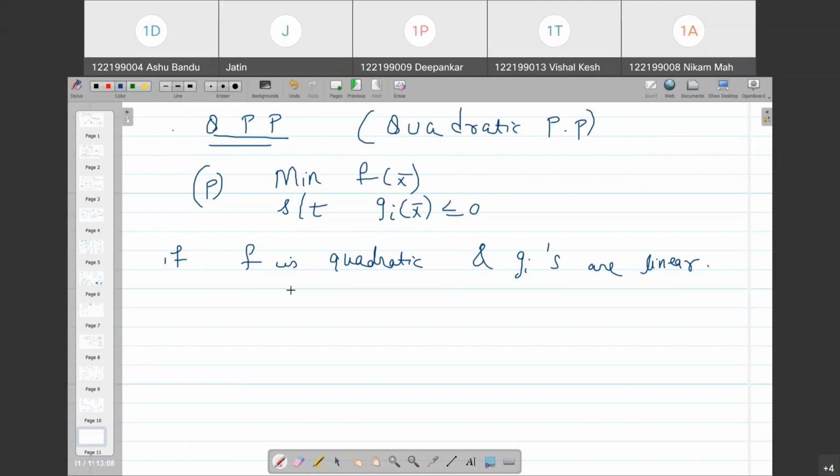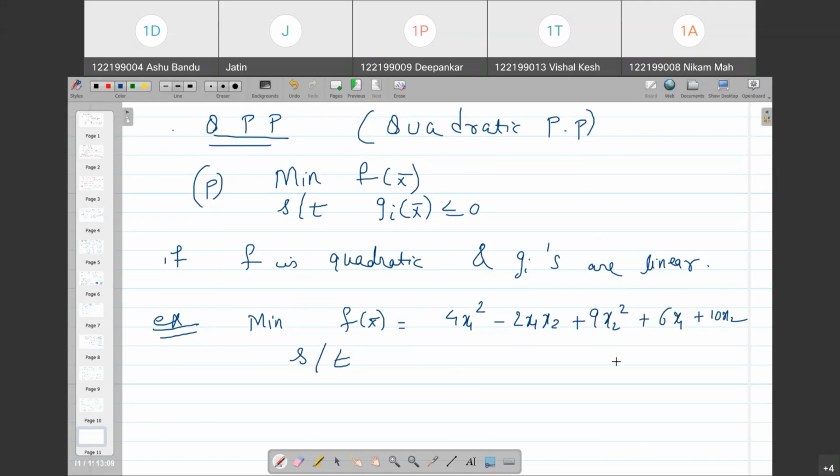Okay, so let me take an example. Let me suppose I want to minimize the function 4x1 square minus 2x1 x2 plus 9x2 square plus 6x1 plus 10x2 subject to 3x1 plus 7x2 less equal 1, and suppose the constraints have to be linear, so x1 plus 6x2 less equal 10, and where x1 and x2 are positive.